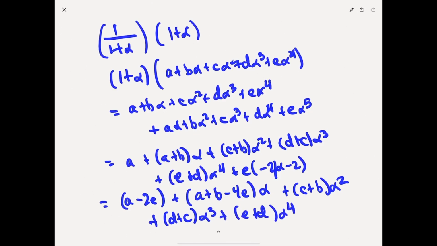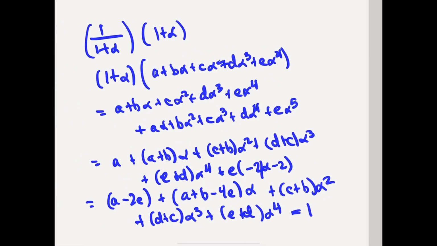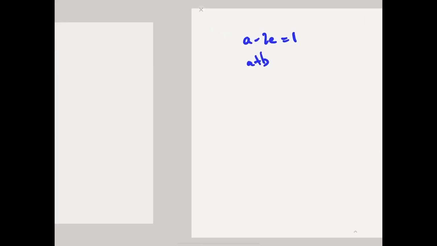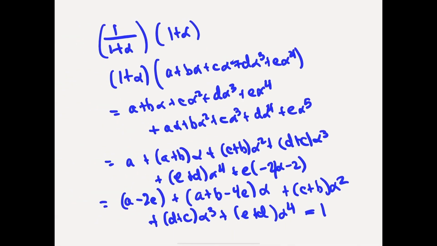And this thing needs to be equal to 1. So a minus 2e is equal to 1. I mean, this isn't really the point of this video. The point is that this is a bad idea, what I'm doing right now. c plus b.